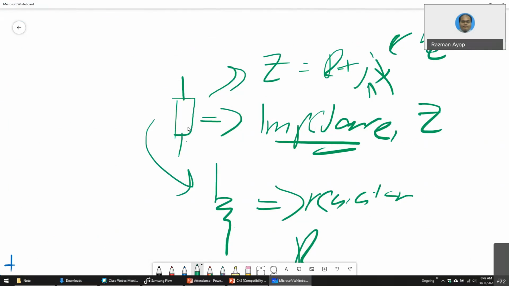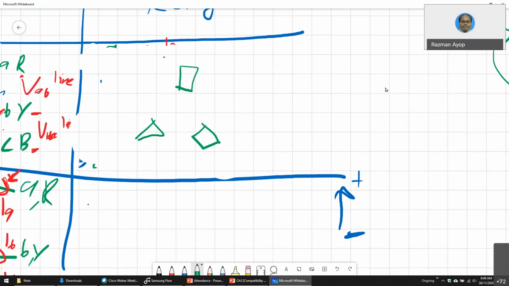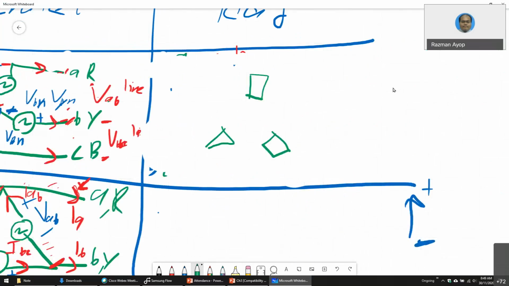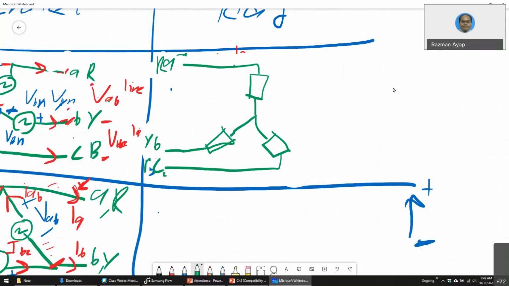Make sure you know the difference. Draw this, of course, the same. So this one is A, this one is B, this one is C. Or if you want to use R, Y, or B, you can use either. You cannot use both; you have to use either.